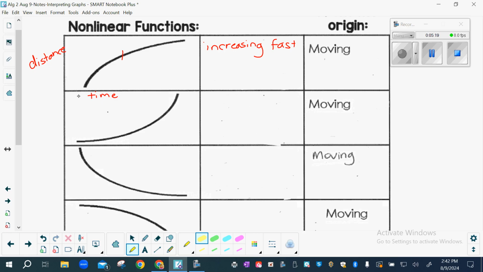So it's increasing fast, then increasing slow. And from the origin, it's moving up or down? Here's the origin on the left. That's moving up.